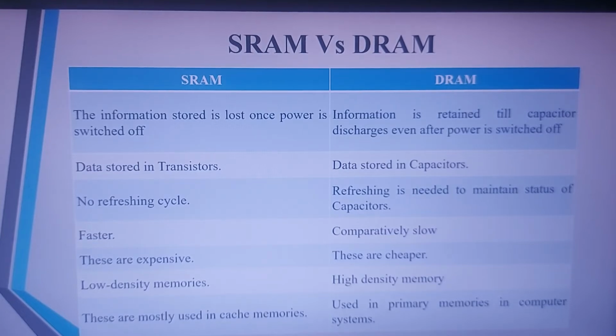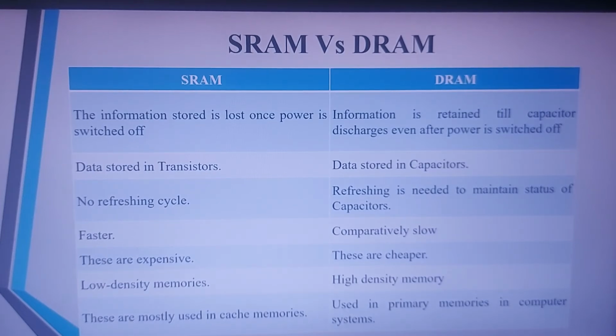Before that, we'll just have a comparison of SRAM and DRAM. In the SRAM, the information stored is lost once the power is switched off, and the same is true in the DRAM, and it needs a capacitor discharge even after it is switched off. That means SRAM loses the data instantaneously when the power is removed, whereas DRAM retains the data for a very small period, because the data is stored in the capacitor, which takes some time to discharge.